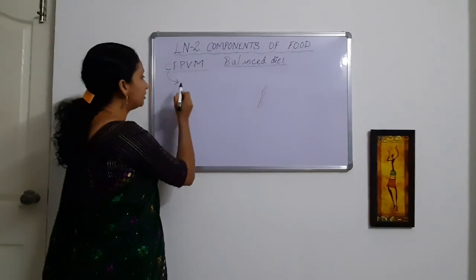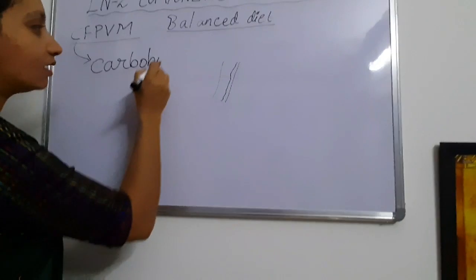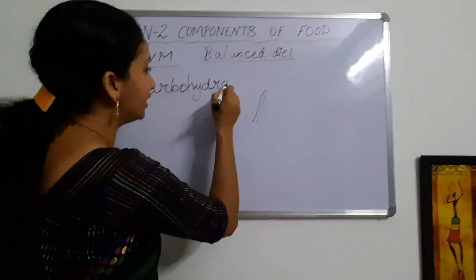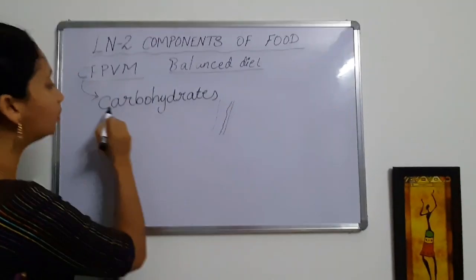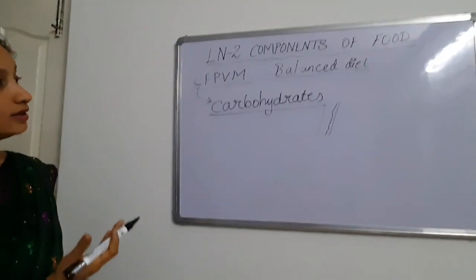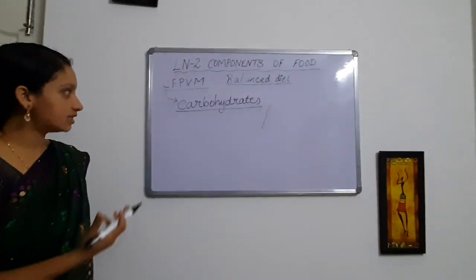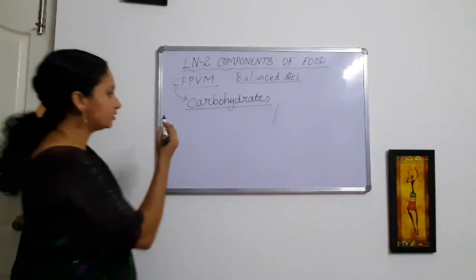First one, I'm writing here. What is the first one? Carbohydrates. So what are the foods that contain carbohydrates?